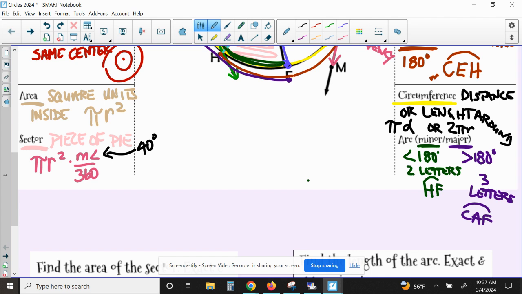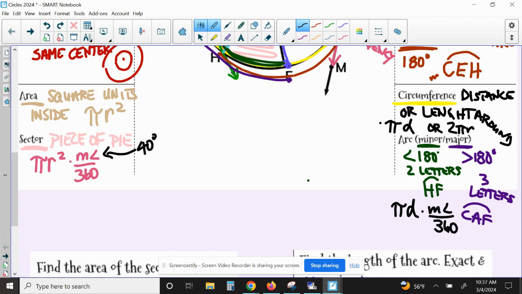So you're going to take your circumference formula, pi times diameter, and you're going to multiply that by the measure of however big your arc is over 360. So you're going to do that times the measure of the angle over 360. So it's the same idea both times.